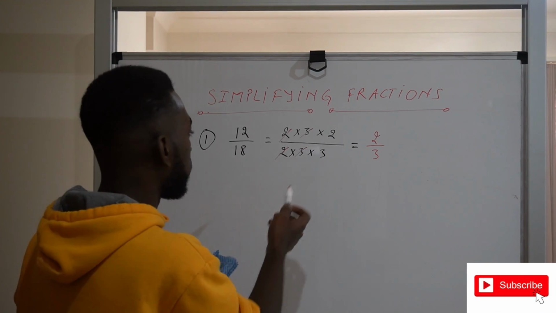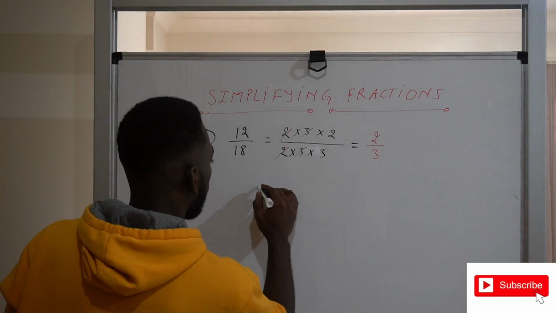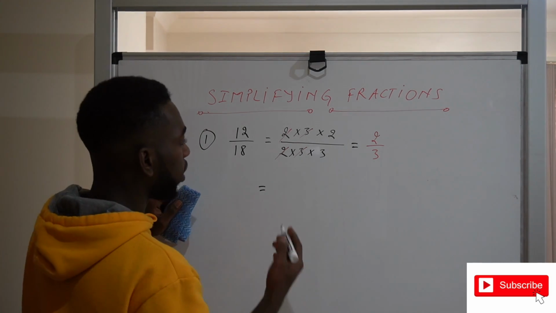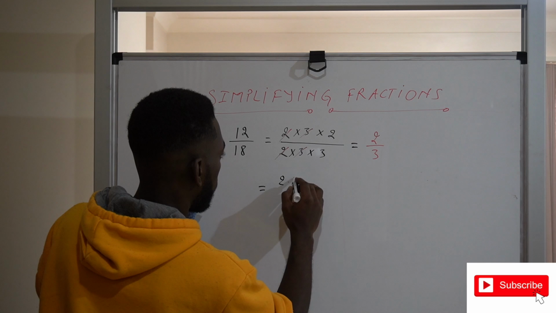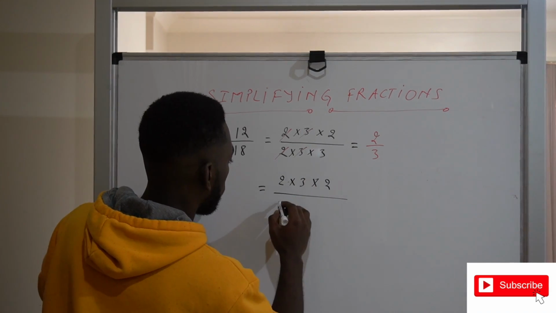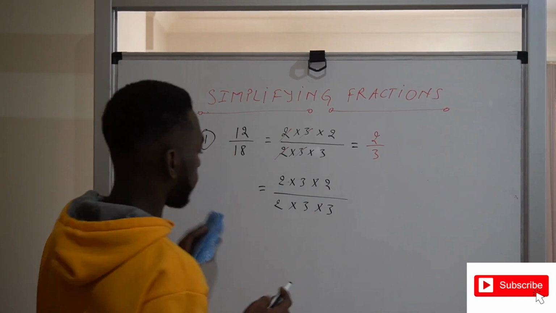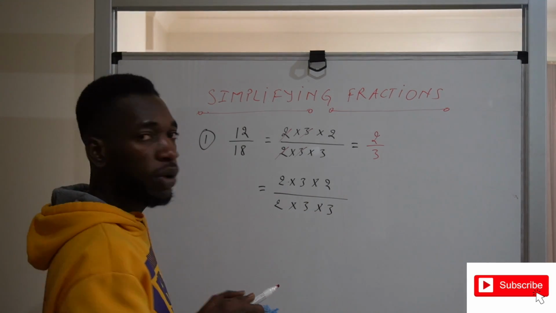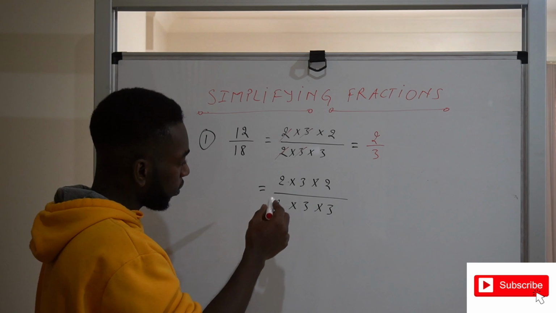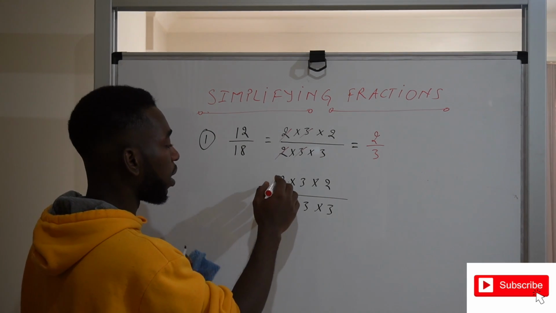So basically, another way of thinking through this will be 2 times 3 times 2 over 2 times 3 times 3. My point here is we don't cancel, but we simplify by dividing by 2.